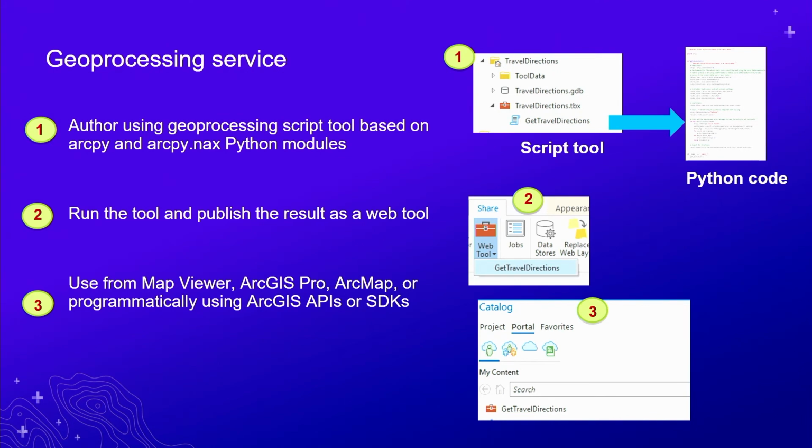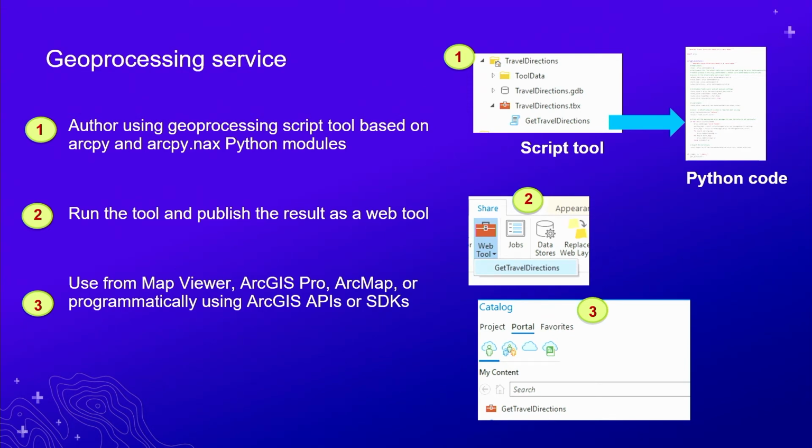So now let's look at how you publish a geoprocessing service. Remember the 3-step workflow: author, publish, share, and use. In the illustration on the right, you can see that in order to publish a geoprocessing service, you first need a geoprocessing script tool, which is powered by Python code that uses the ArcPy and ArcPy.nax modules.